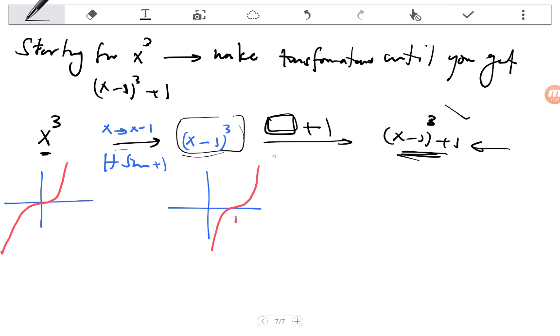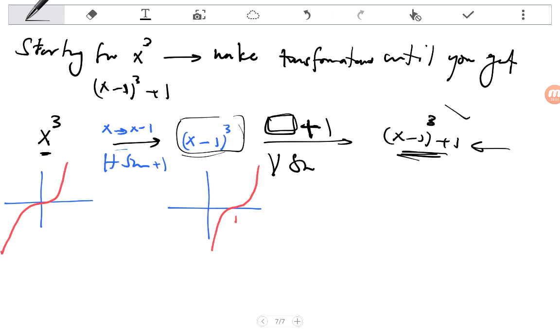What is this called? It is vertical. Shift or scaling or reflection? A vertical shift. Plus or minus is a shift. Multiplication by a number is a scaling, a stretch, compression or expansion. Putting an absolute value or a negative is a reflection.